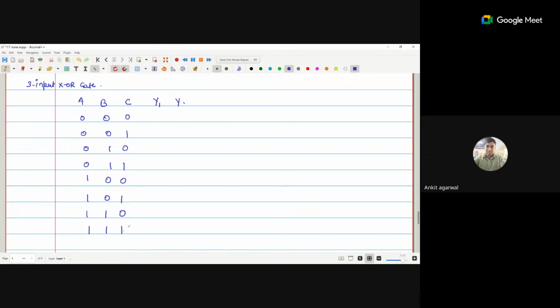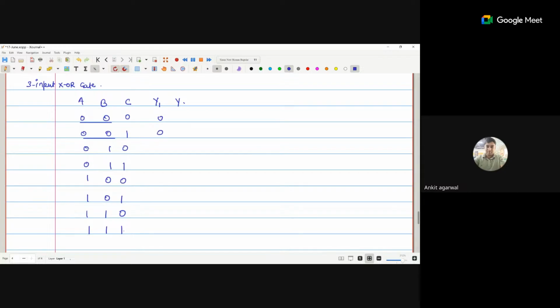Am I audible to all? Yes, sir. Okay, so can you tell me the output? 0 0 0 means Y1 will be 0. Basically A and B are XORed, so Y1 is 0.